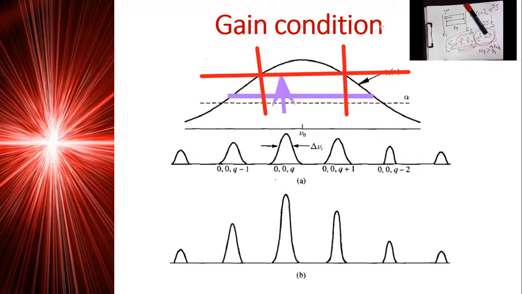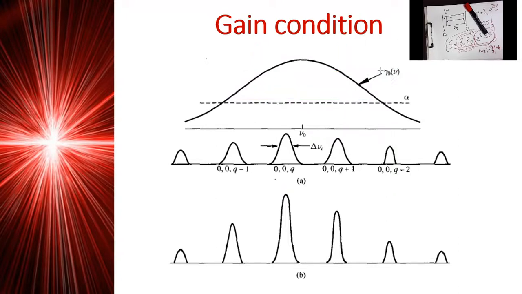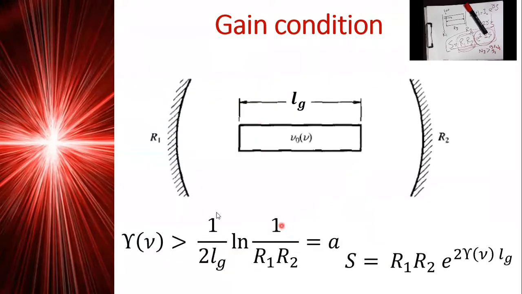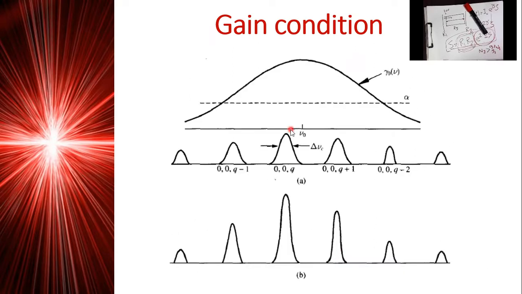How can we shift up the value of A? It's very easy. If you return back to the equation, you can find that this is an inversely proportional function to Lg, which is the distance of the gaining material. So by decreasing this distance, the A threshold will go up, and then you narrow down your gaining zone to select only a single frequency and to turn your optical cavity into a monochromatic cavity.